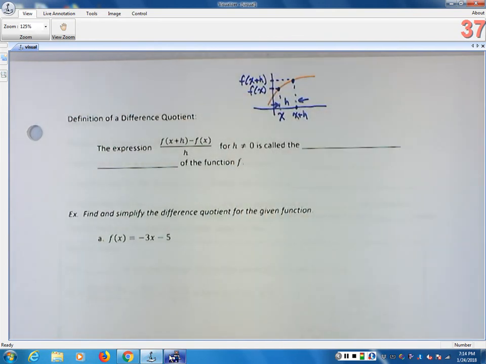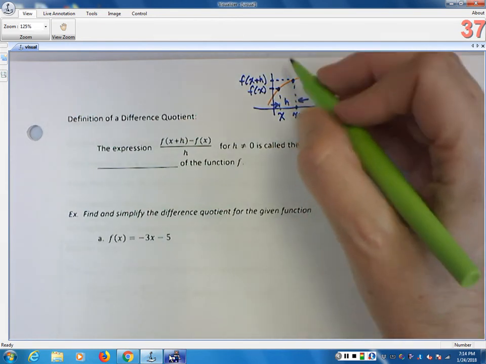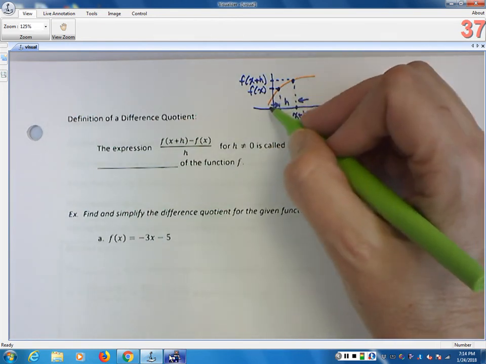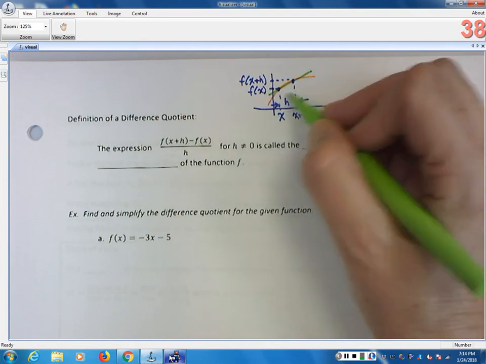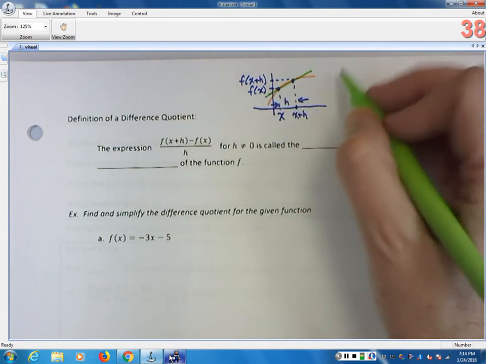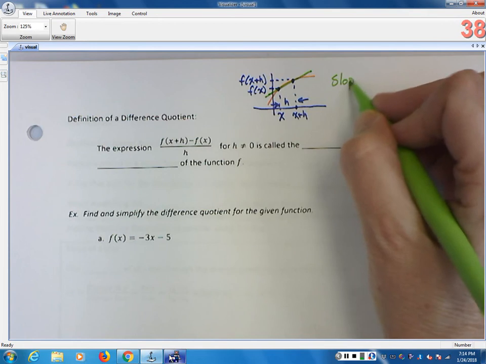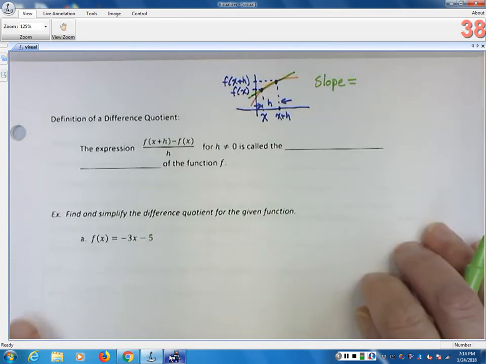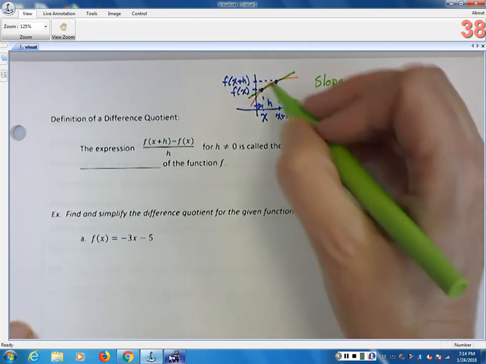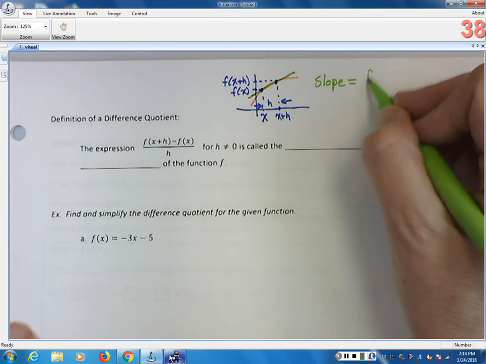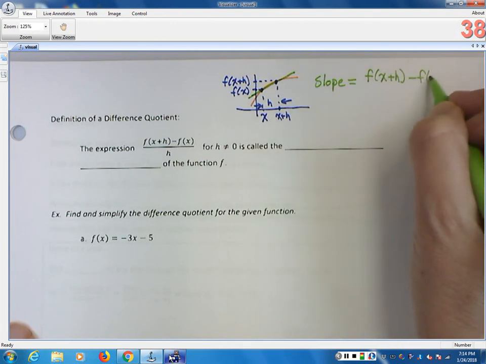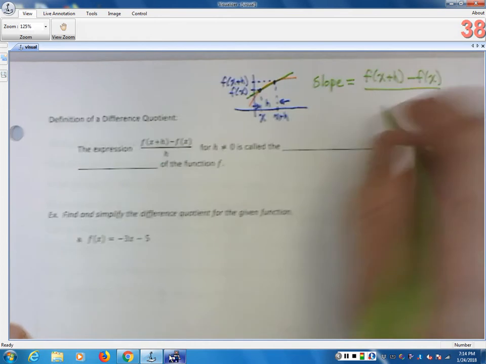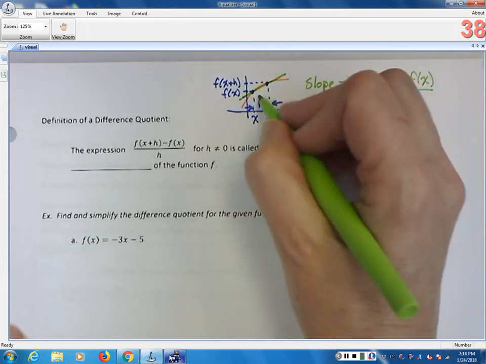So if we make a straight line between these 2 points, we want to know the slope of this line between these 2 points. The slope is the change in y, f of x plus h minus f of x, divided by the change in x, and that's h.